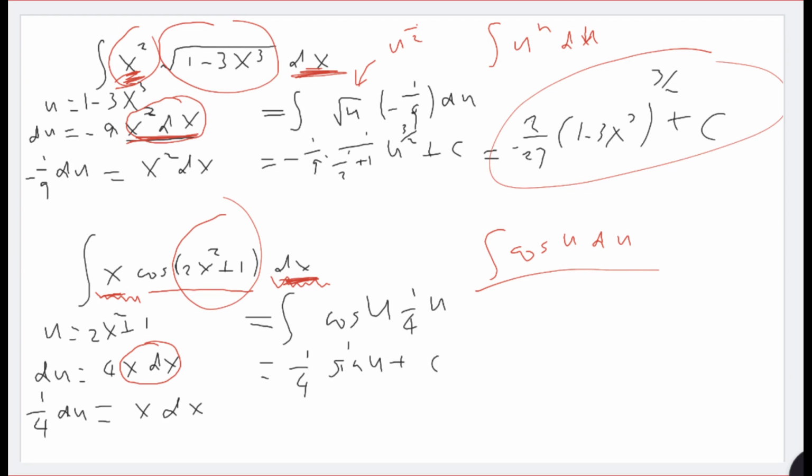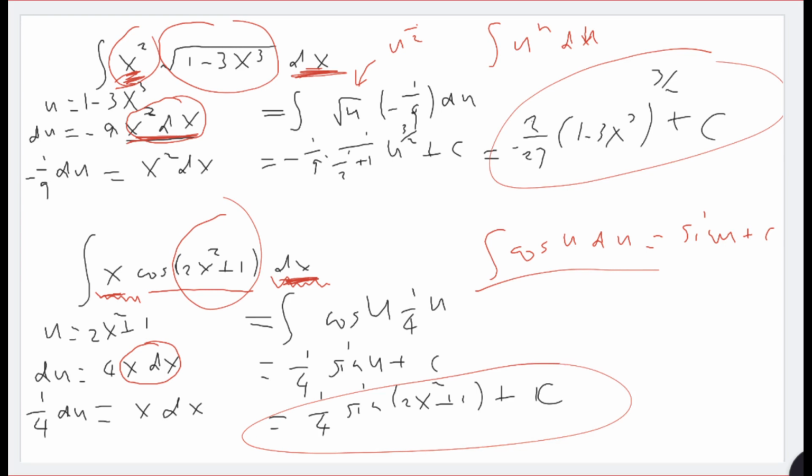Integral of cosine is just sine. All right, and then finally, put the 2x squared plus 1 back for u. Plus constant, to find the answer. Right?